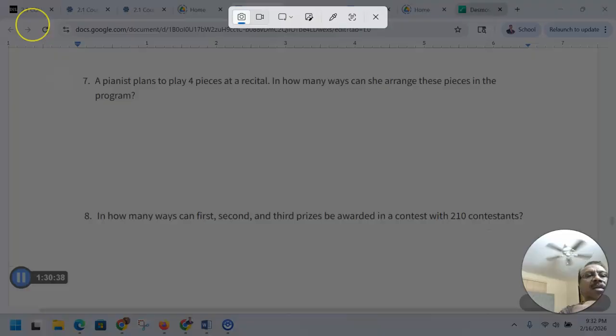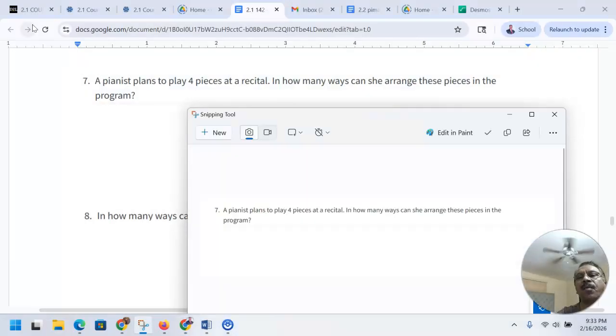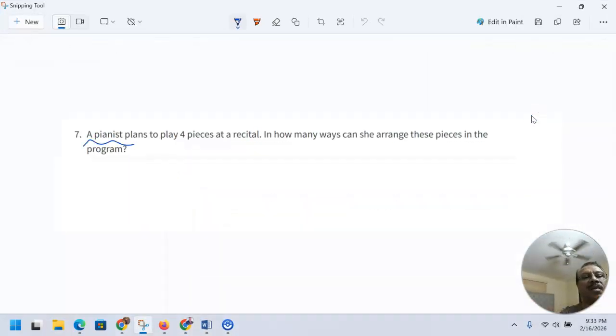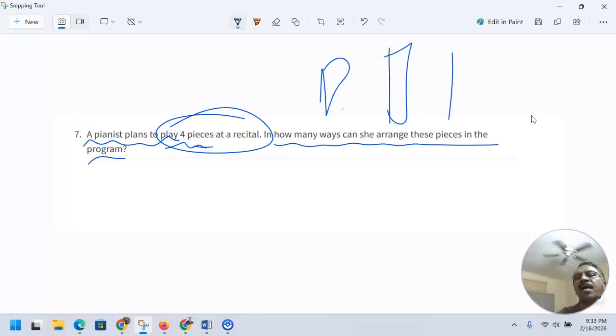So a pianist plans to play four pieces. How many ways can she play these pieces? Let's say these are the pieces, right? There are four pieces.